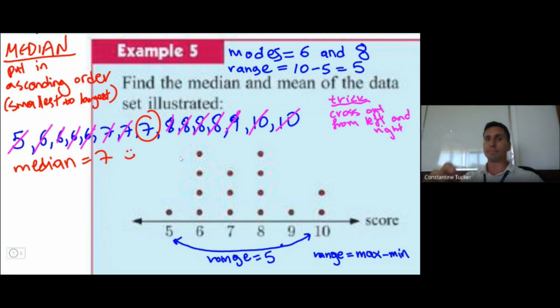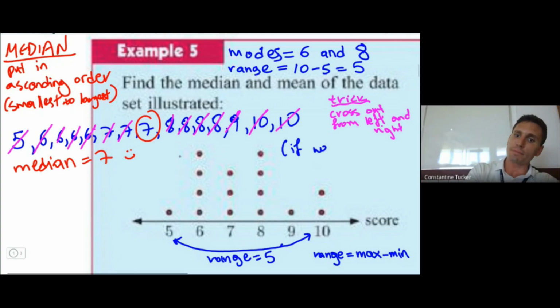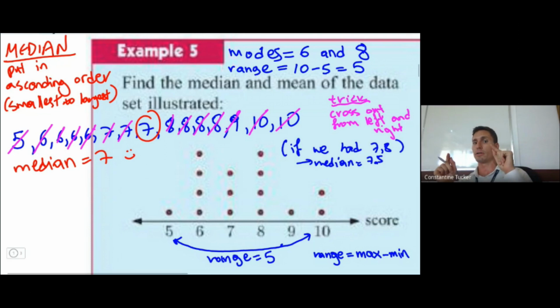The median would be 7.5, the number between them. It's the average of the two numbers in the middle.